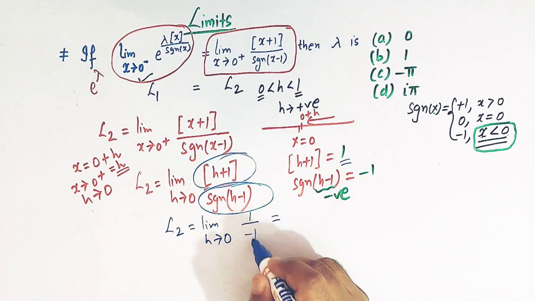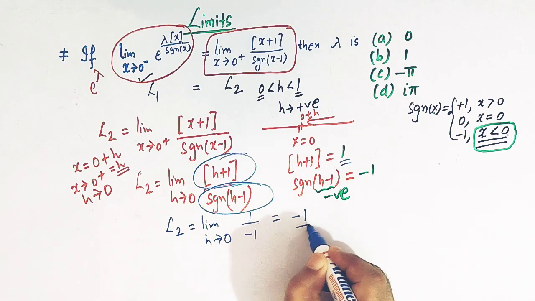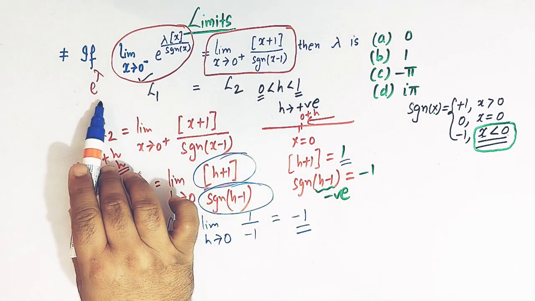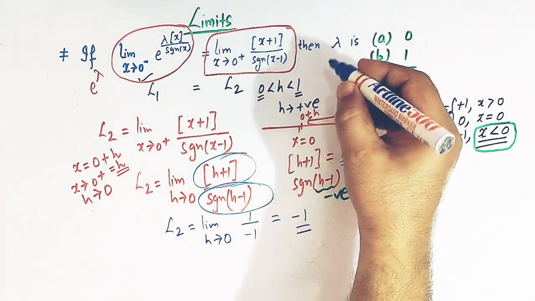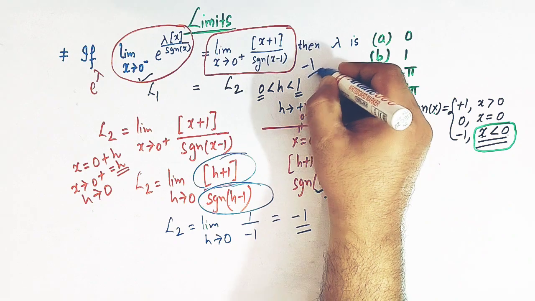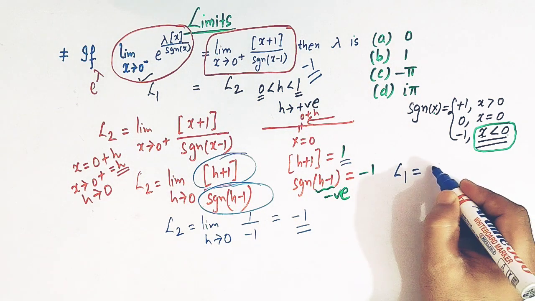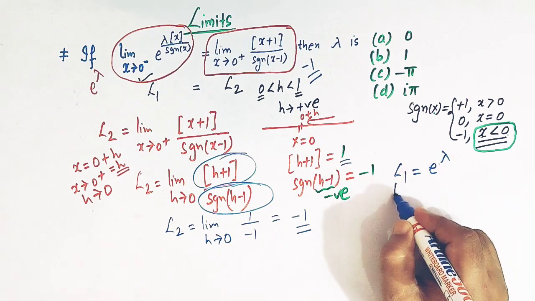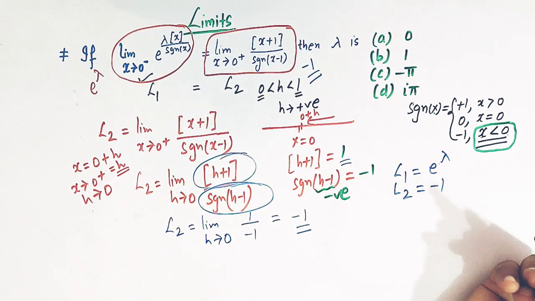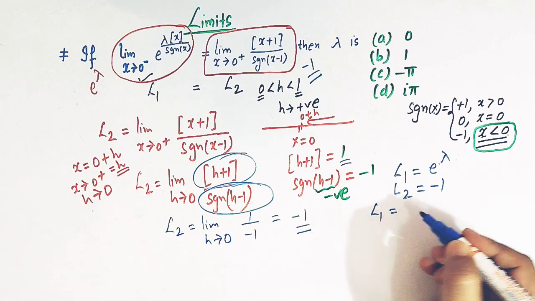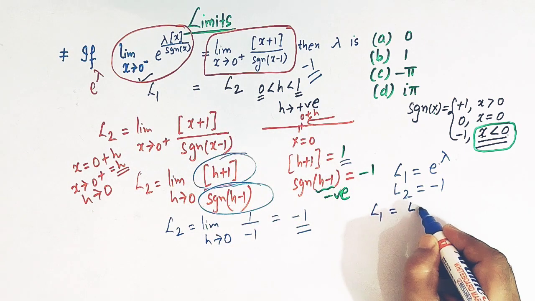So this is 1 over minus 1, that is simply minus 1. So the value of this limit is equal to minus 1. We have seen that L1 is e raised to lambda and L2 is minus 1, and L1 is given to be equal to L2.